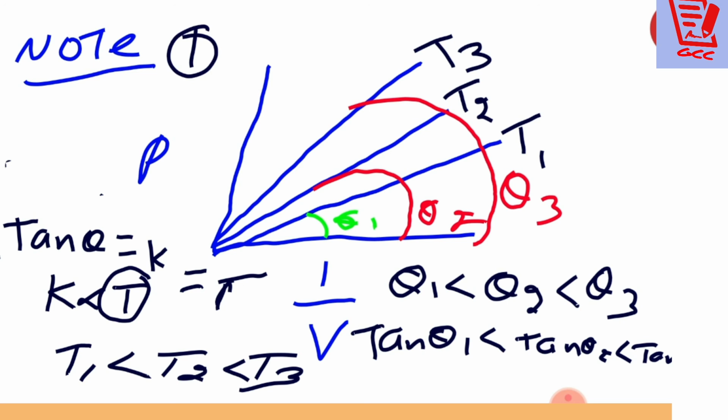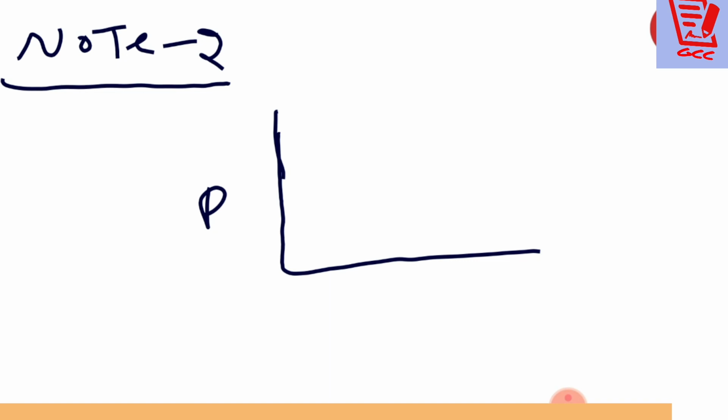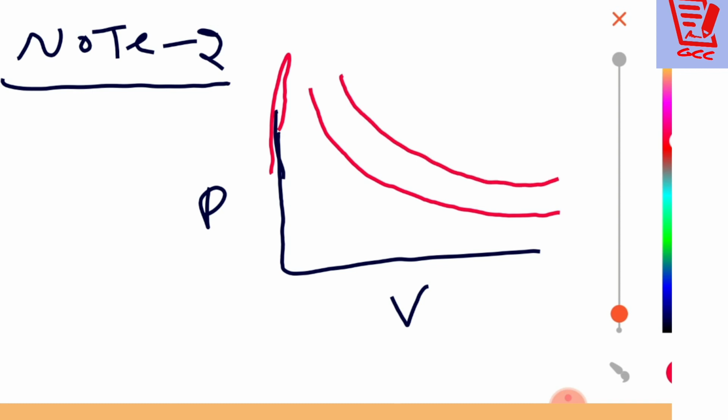Okay students, so after that we are going to do note number 2. Because sometimes they ask you for a graph between P and V. Draw the graph between P and V. So whenever the graph is between P and V, we can simply draw curves like that, because P is inversely proportional to V. Is that clear?